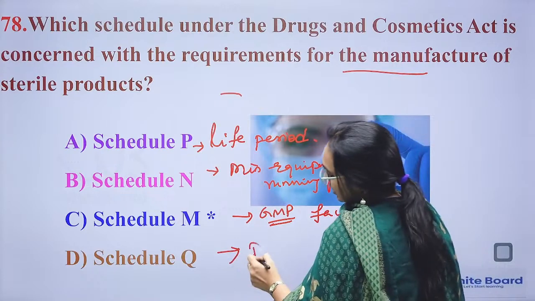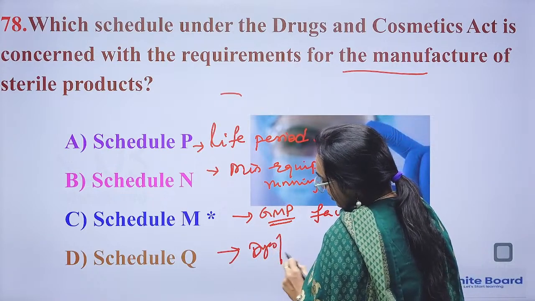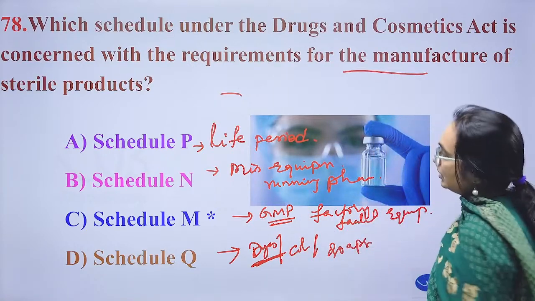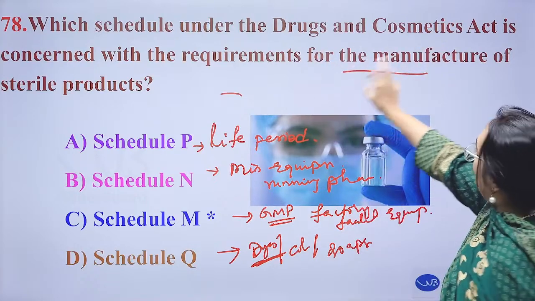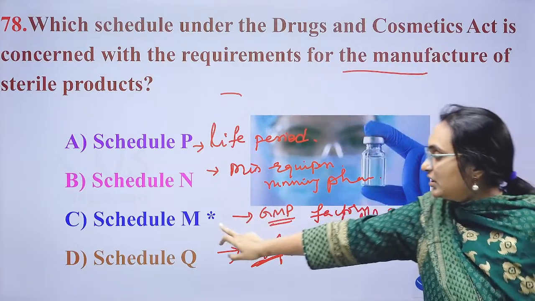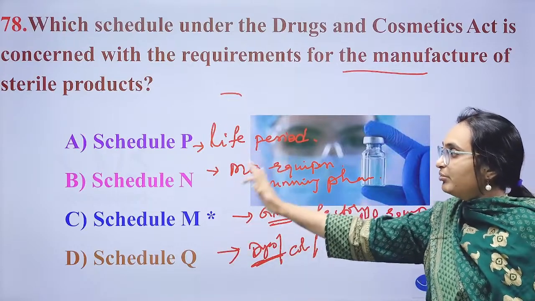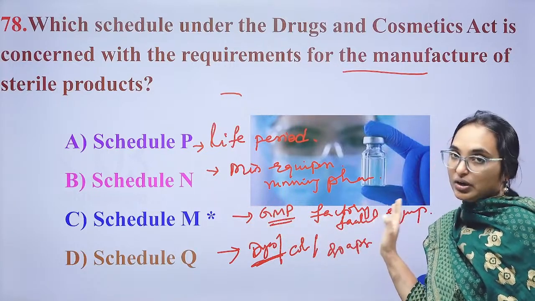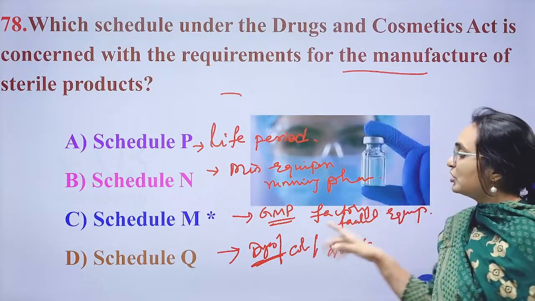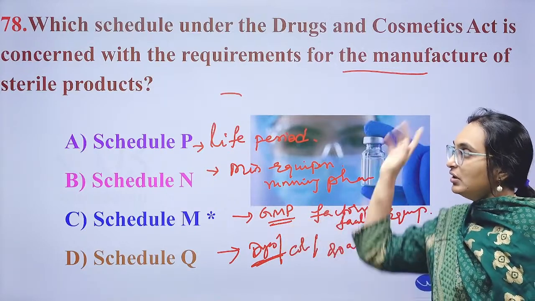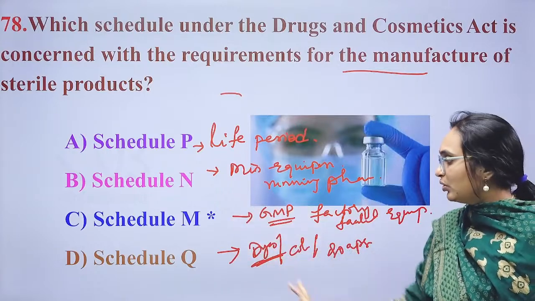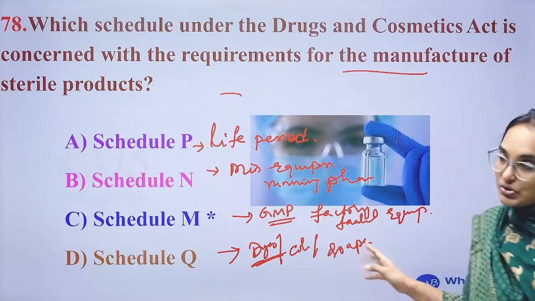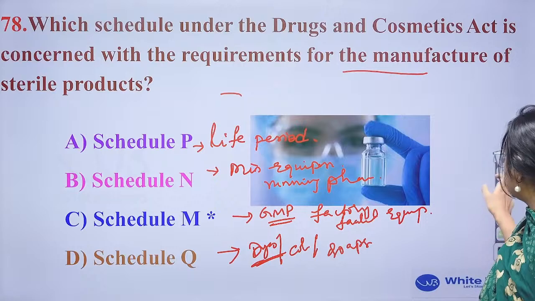Schedule Q is colors and dyes used in soaps and cosmetics. So the requirements for the manufacture of sterile products are discussed in Schedule M. Schedule M is the GMP practices for factory maintenance and sterile product manufacturing, all the good manufacturing practices of all products. So the answer here is C, the 78 option is C.